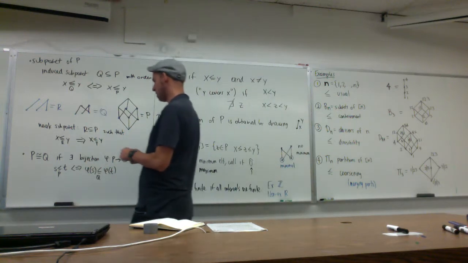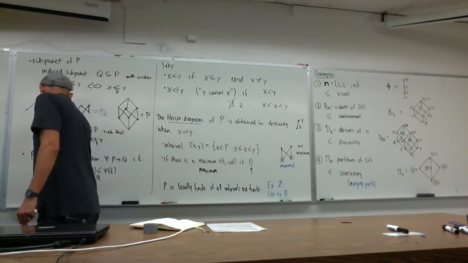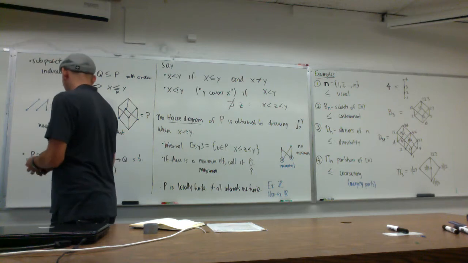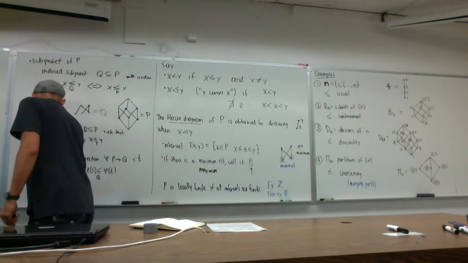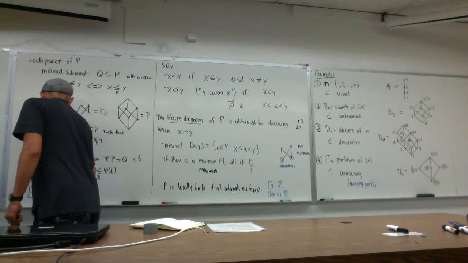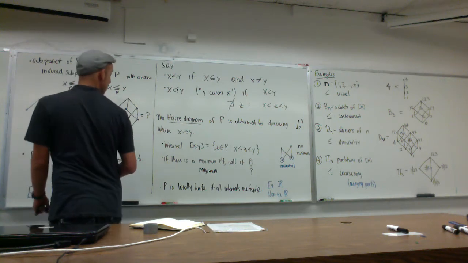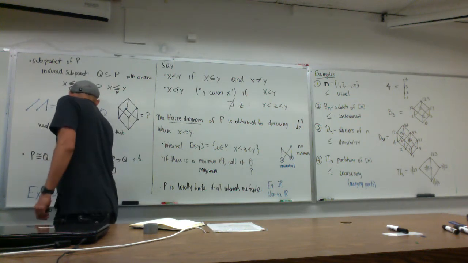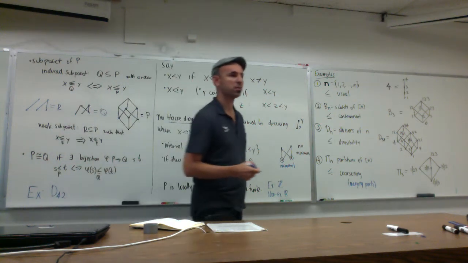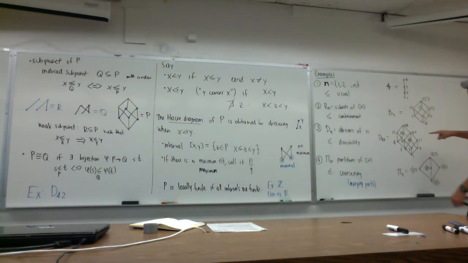So, for example, what's an example of an isomorphism? The divisors of 42. What is that isomorphic to? B3. Divisors of 42. Actually, well, this illustrates both definitions, right? So the divisors of 42 are an induced subposet of the divisors of 84, right?